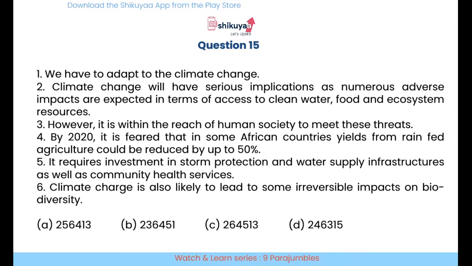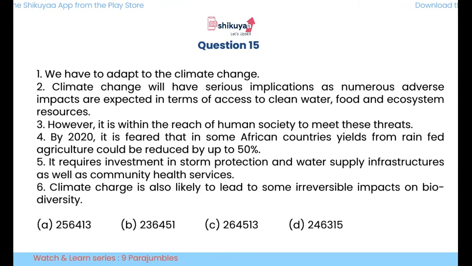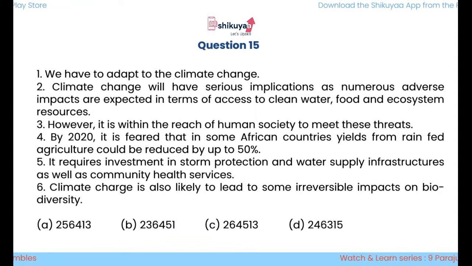Now check whether sentence 4, 6, 3 or 5 can be continued. It is all about climate change, how it is affecting human society, what the threats are. Can we find some conclusion on how we can control this climate change and its threats on human society? See if you can find a conclusive sentence.